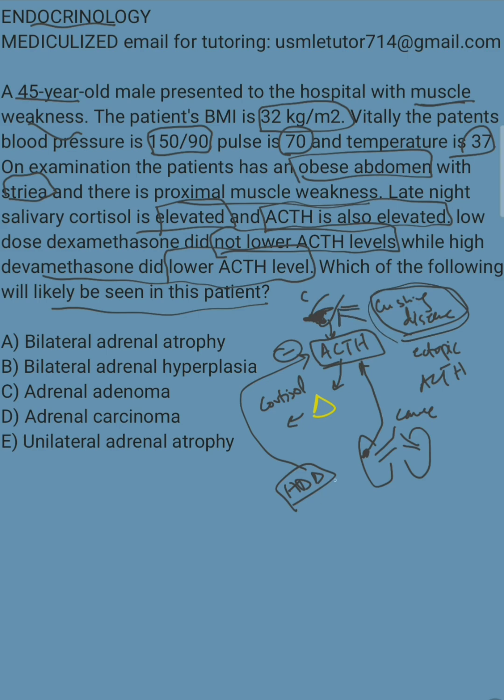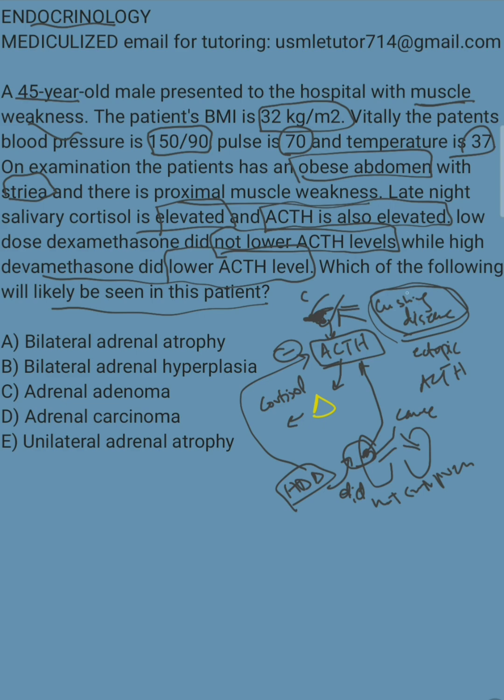If it did not suppress ACTH, then it is the ectopic ACTH. Here it did suppress, right? So that is pituitary. So most likely the patient is suffering from Cushing disease, pituitary adenoma.